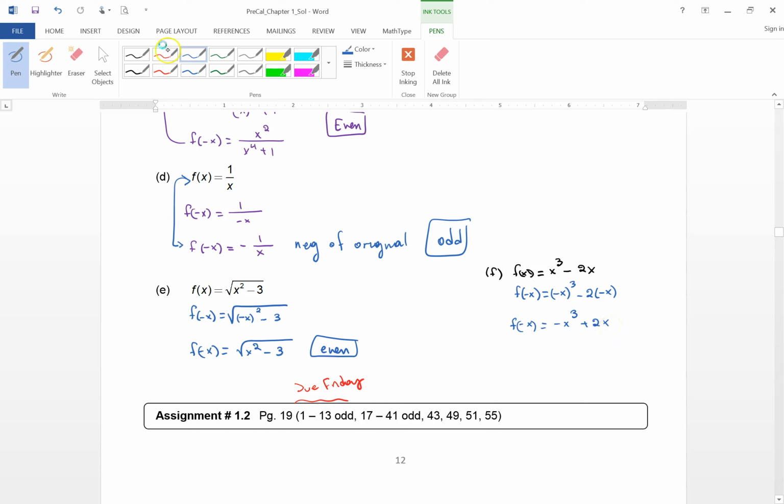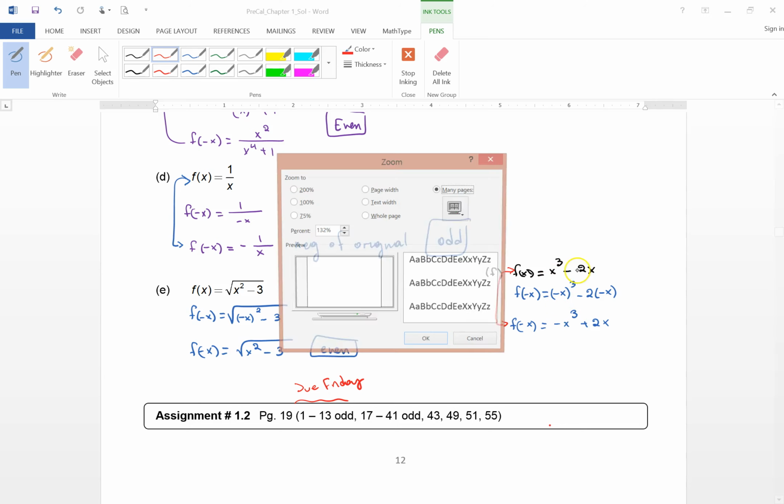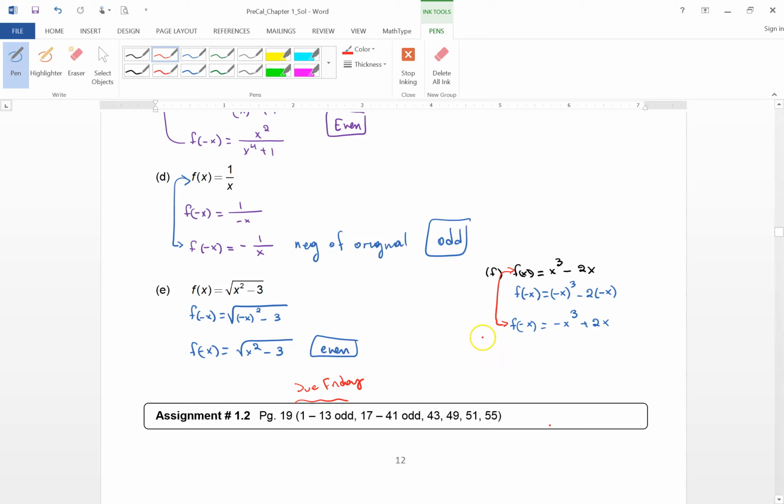Now, compare the original with this. How do they compare? The first term switched signs. The second term switched signs, right? That means this is the negative of the original function. That means this is odd.